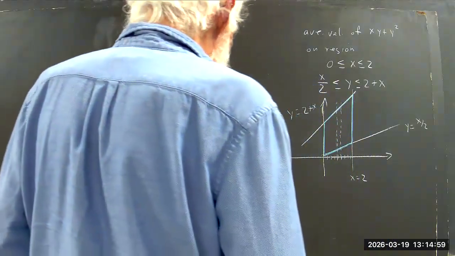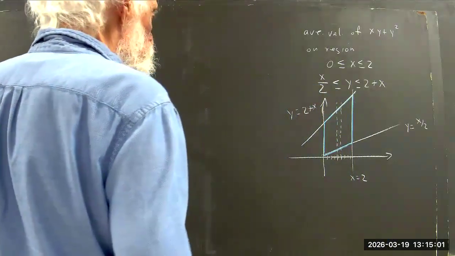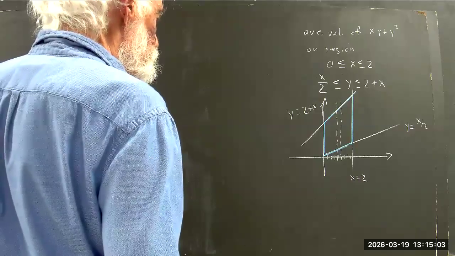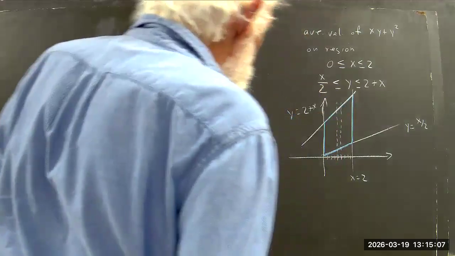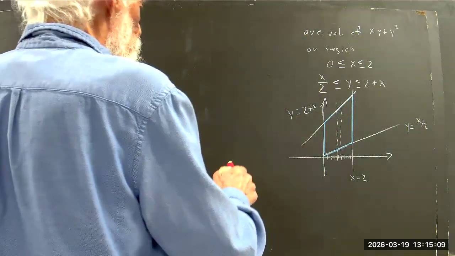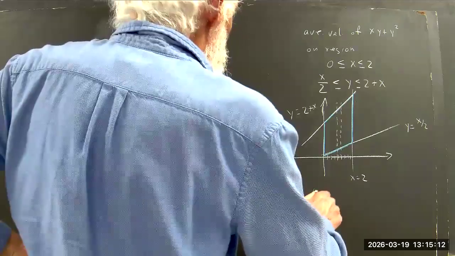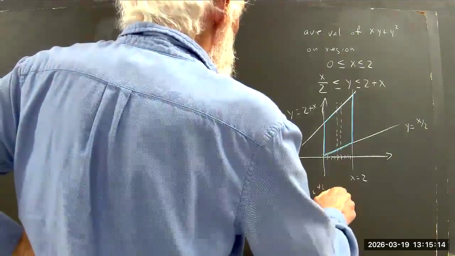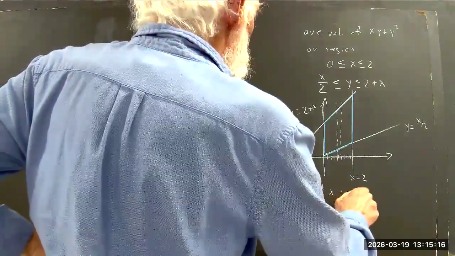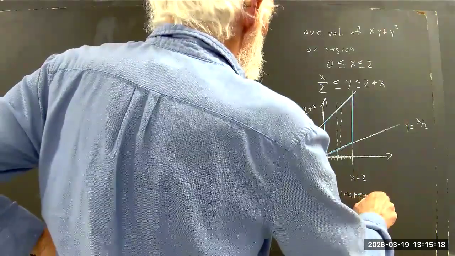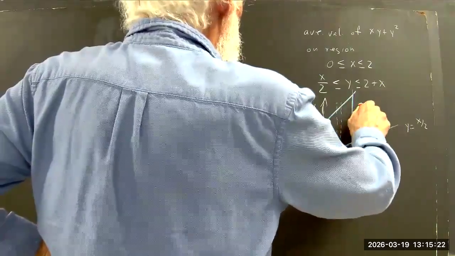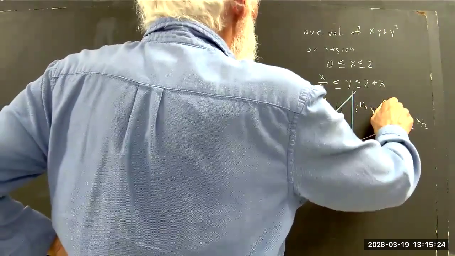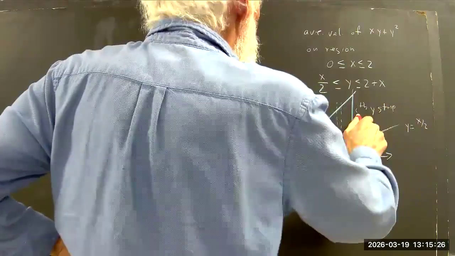Now we've got a sample point here. Okay, I'm going to draw a bigger enlargement of this partition. So here's your ith x increment, and here's your ith y strip.